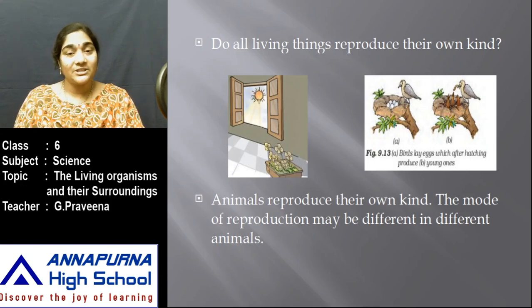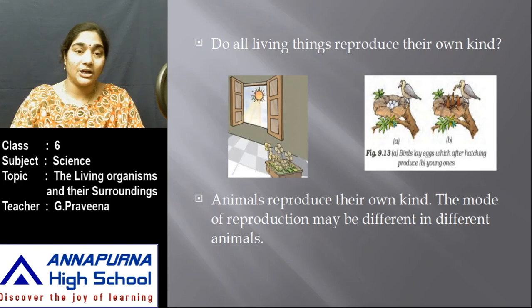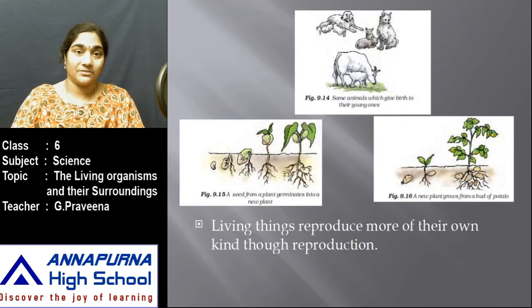So the new organism comes out of the egg. But in a few organisms, they directly give birth to young ones. The process may be different, but all organisms undergo reproduction.